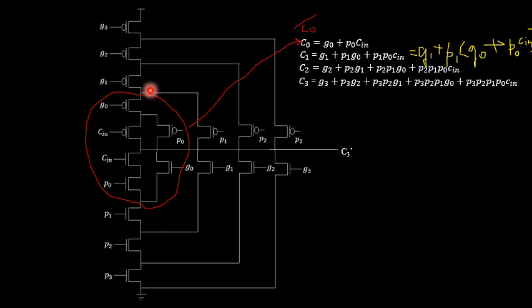Exact reverse of that will be the pull up connection, that is P0 and Cin should be connected in parallel. Along with that, G0 is connected in series. With this entire combination, P1 should be connected in parallel. With this combination, G1 should be connected in series, so I have connected the G1 PMOSFET transistor in series.